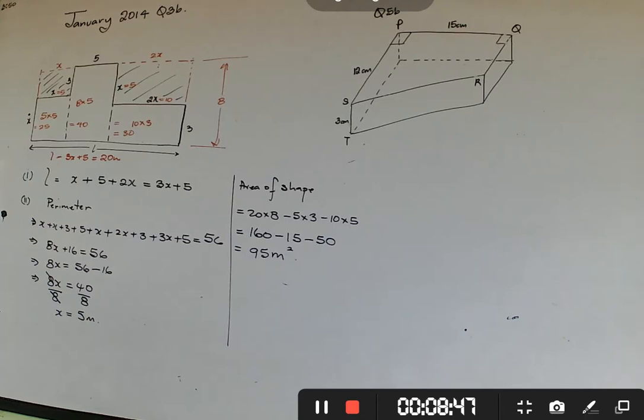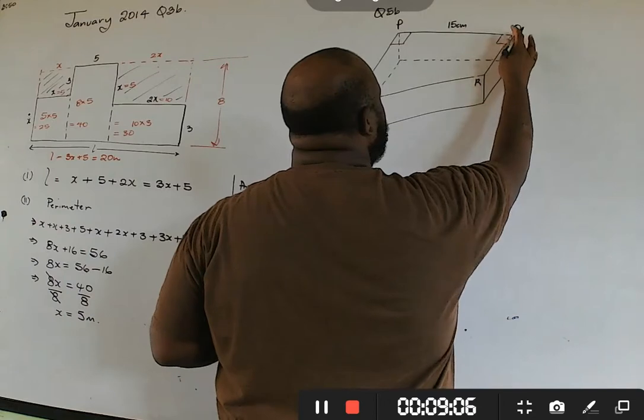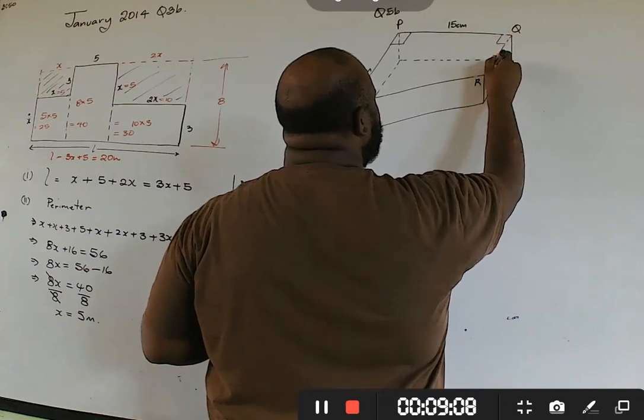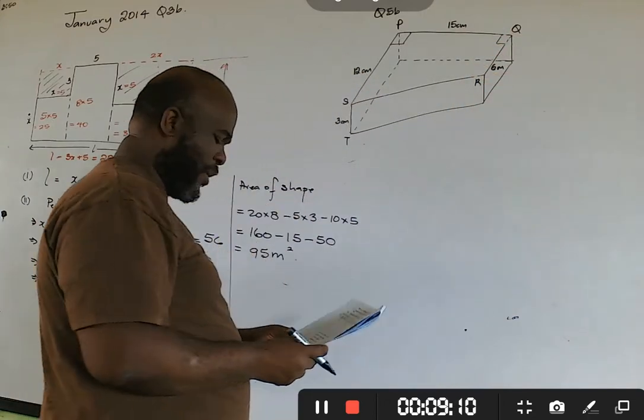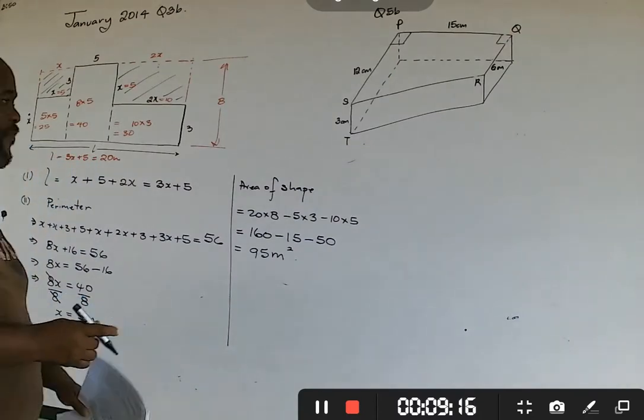And QP is the perpendicular distance between the sides. Okay, fine. So of all these lengths, 3 meters, 12 meters, 15 meters. There's a 6 meter too. We didn't put it in here, so it's 6 meters. QR is 6 meters. Then they say to us, calculate the area of trapezium PQRS.